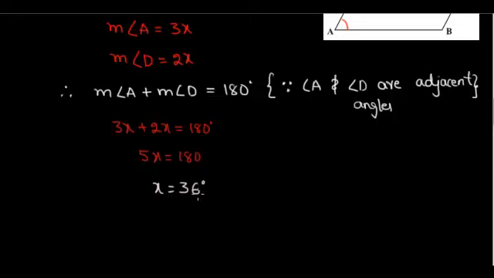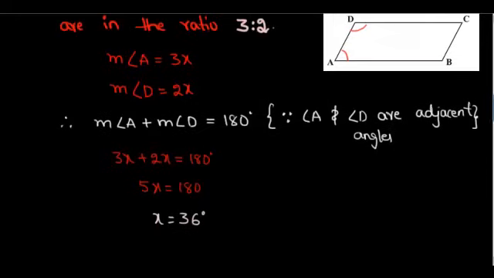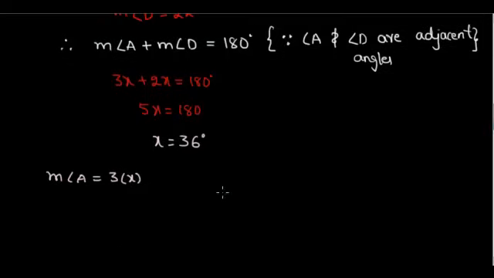Therefore we have x as 36 degrees and we can find out the measure of angle A. We have the measure of angle A as 3 times x. In place of x we have 36, therefore 3 times 36. 3 times 36 is 108 degrees. Therefore the measure of angle A is 108 degrees.